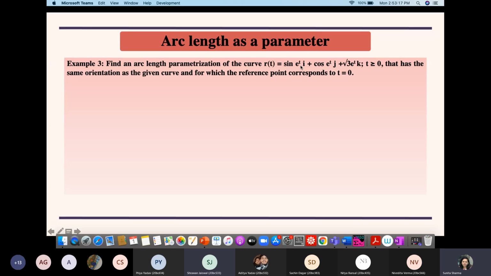Okay, so that is the derivative, and then you find the arc length s. So you will take the i component squared plus j component squared plus k component squared, and then take the square root, and then integrate. Okay, so tell me what is the final value after integrating.